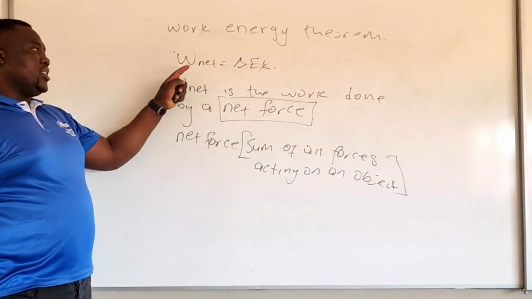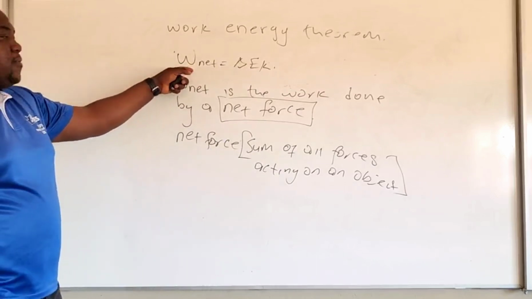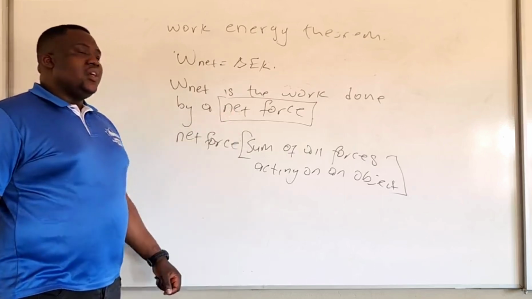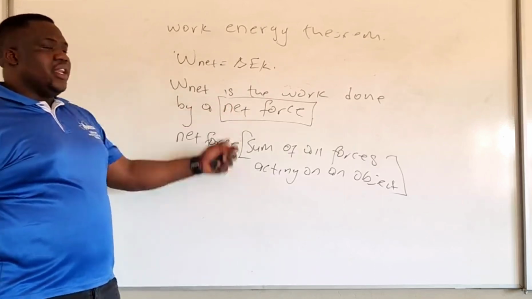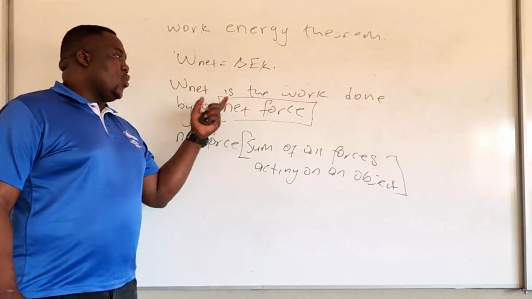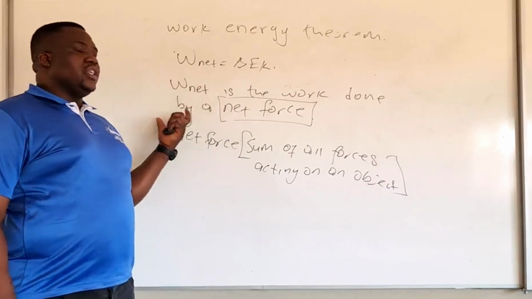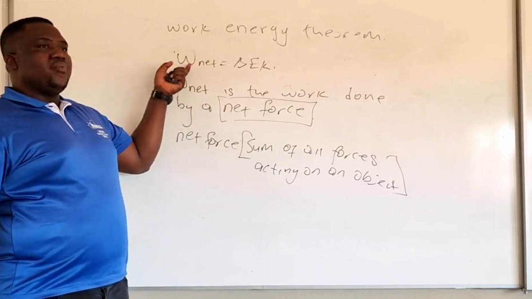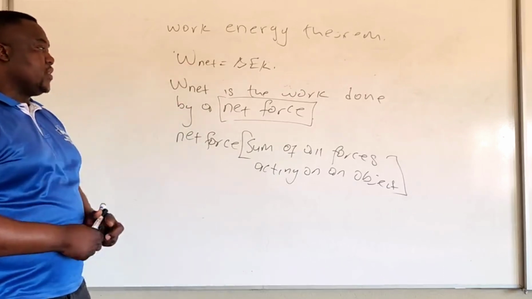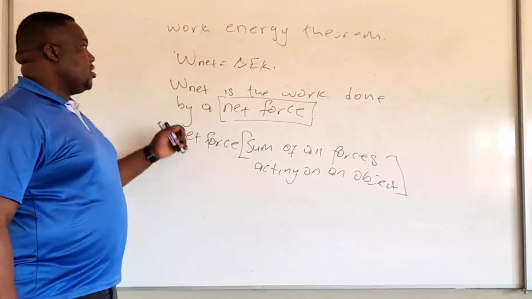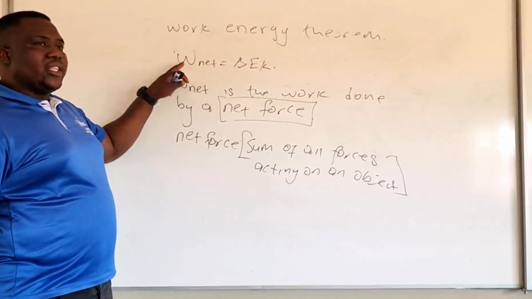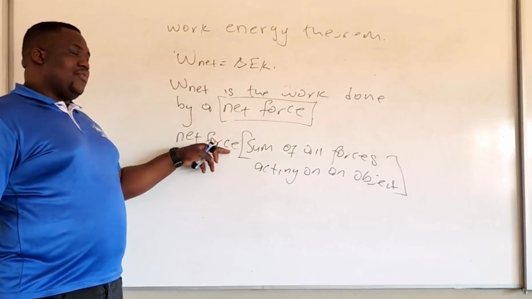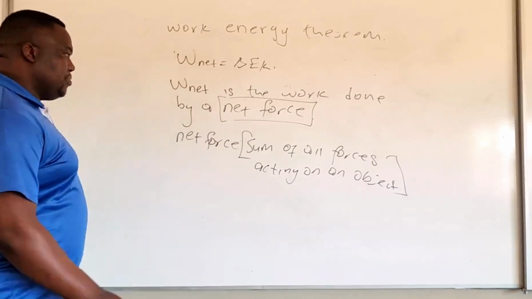So you need to notice that work net is the work done by a net force, meaning that you can use the energy theorem to calculate the net work. You can use the energy theorem to calculate the what? The net force. Because work net is the work done by a net force. What is a net force? It is the sum of all forces acting on an object.